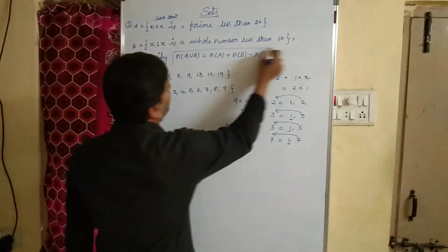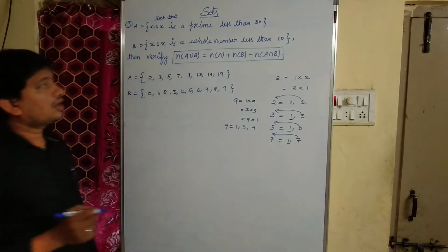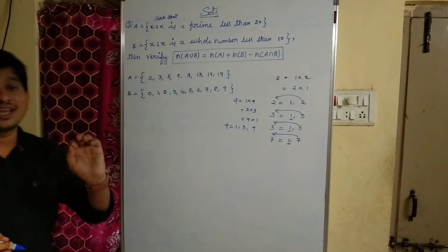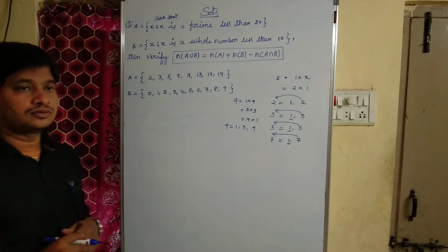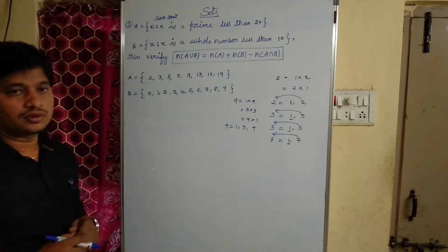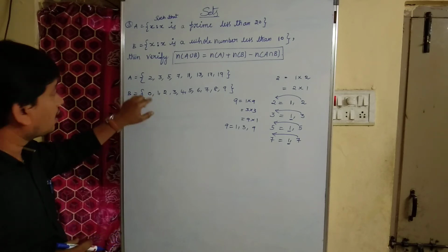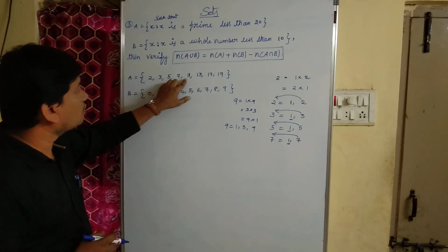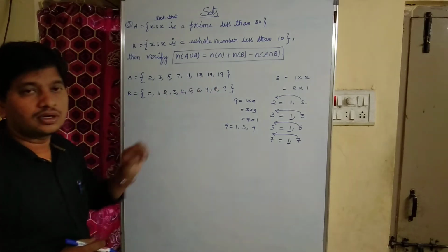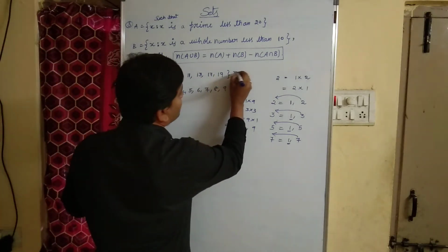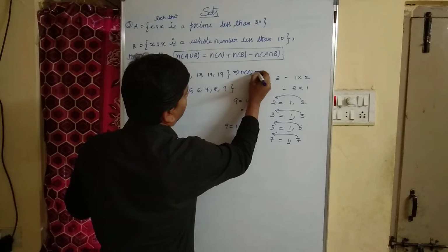N of A union B equal to N of A plus N of B minus N of A intersection B. Directly we can do it. The number of elements present in set A are 1, 2, 3, 4, 5, 6, 7, 8. So N of A equal to 8, right?